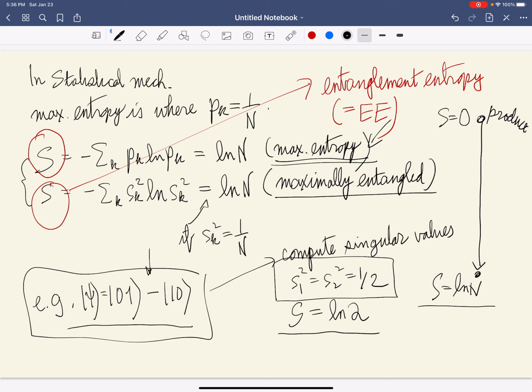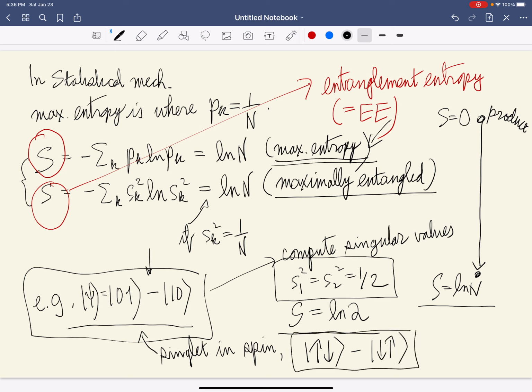By the way, this is called a spin singlet state, or just a singlet state in the language of spin. And in the more familiar notation, this is just the spin up-down minus down-up state, which carries the total angular momentum 0. So sorry, this S is not the entropy, but the total spin.